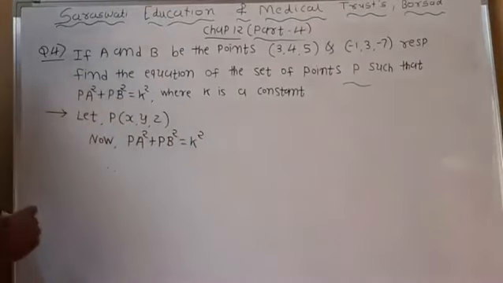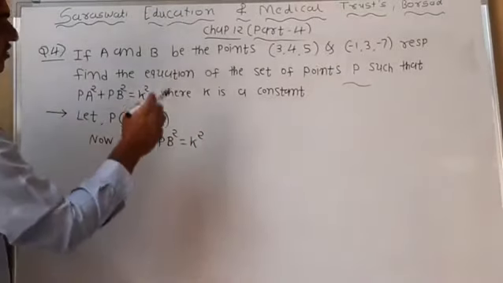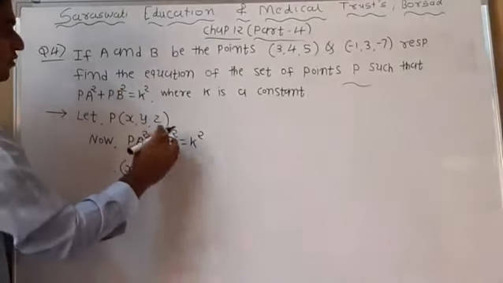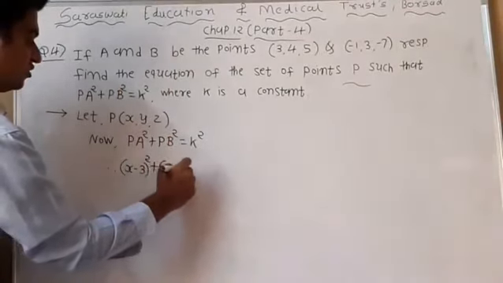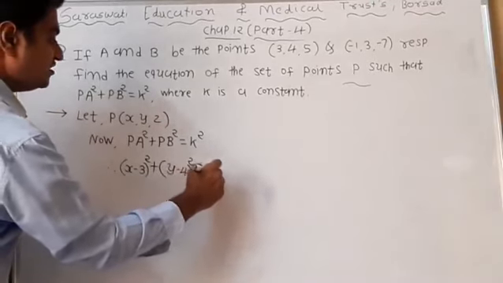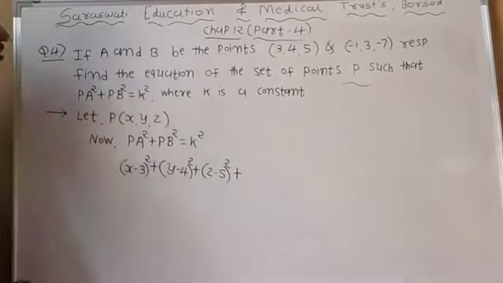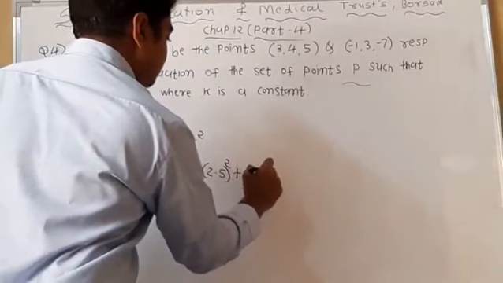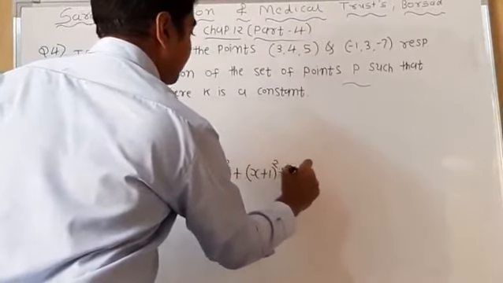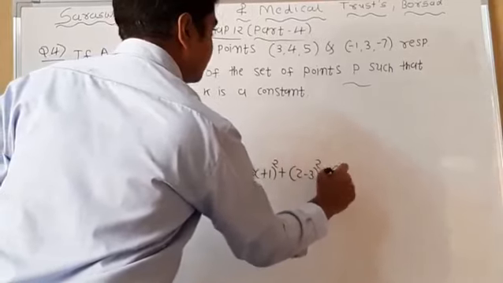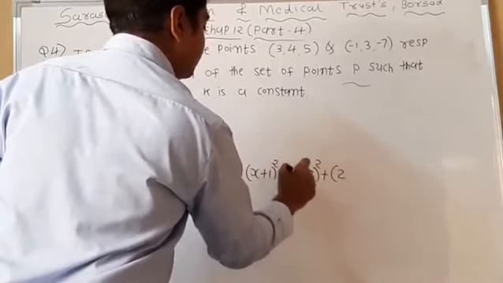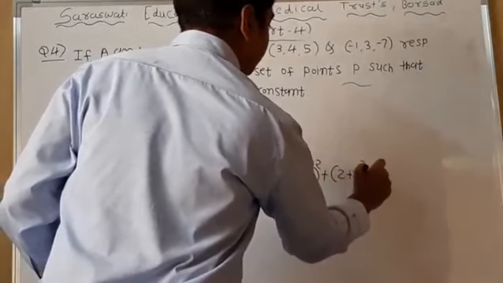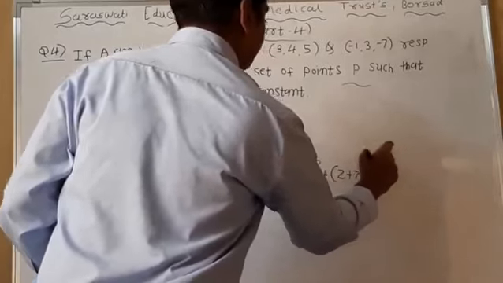So PA square means (x - 3) whole square plus (y - 4) whole square plus (z - 5) whole square, plus PB square, that means (x + 1) whole square plus (y - 3) whole square plus (z + 7) whole square, is equal to K square.